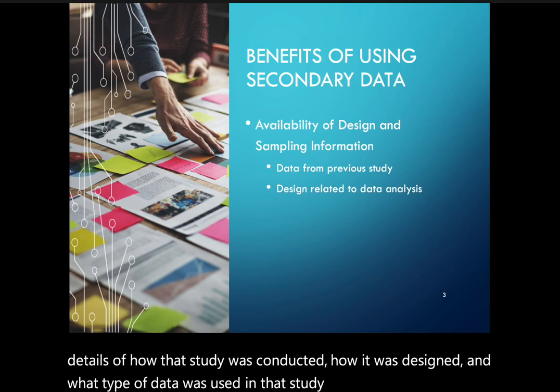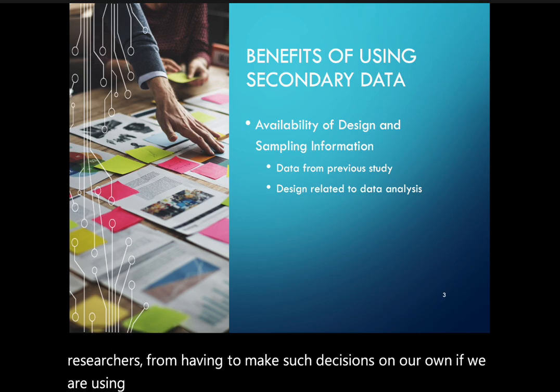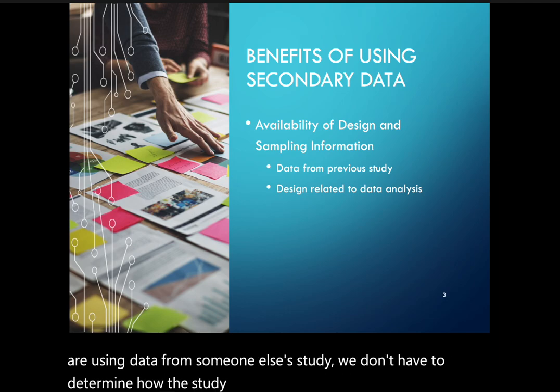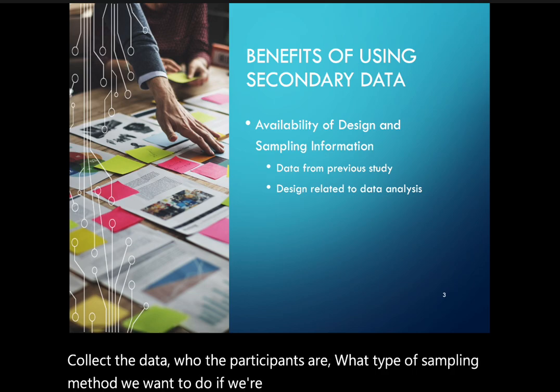This frees us as researchers from having to make such decisions on our own. If we are using data from someone else's study, we don't have to determine how the study is conducted, what the specific procedures are, how we want to collect the data, who the participants are, what type of sampling method we want to do. If we're using secondary data, we are free from making those decisions.